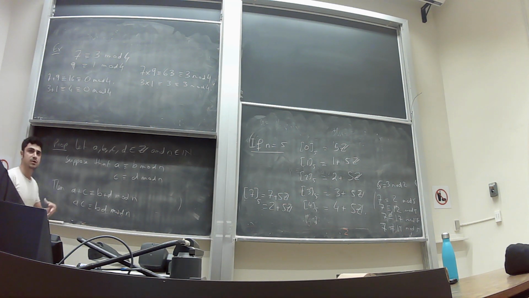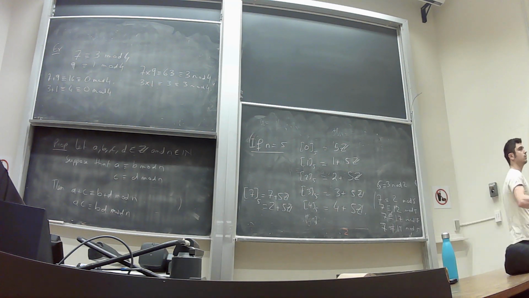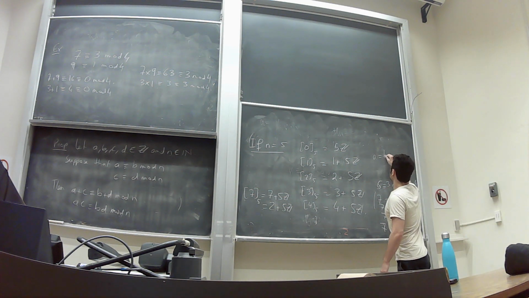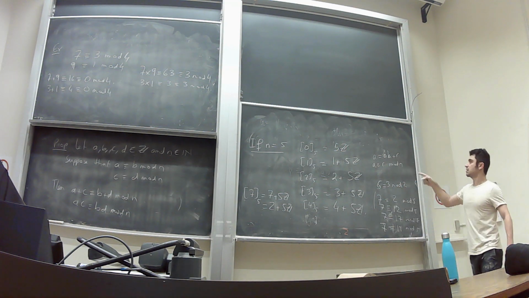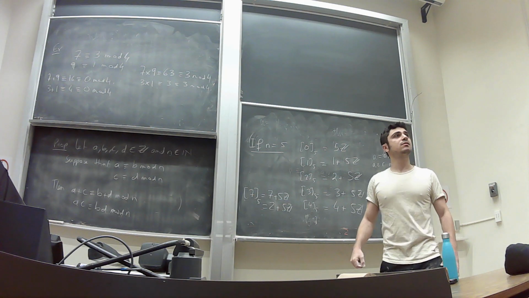Okay? If you want to find a good number, so 63 is congruent to what mod 4? You take the remainder of the Euclidean division of 63 by 4. So for example, if A is equal to NK plus R, then A is congruent to R mod N. Because A minus R would be equal to NK, which is divisible by N. Agree or not?